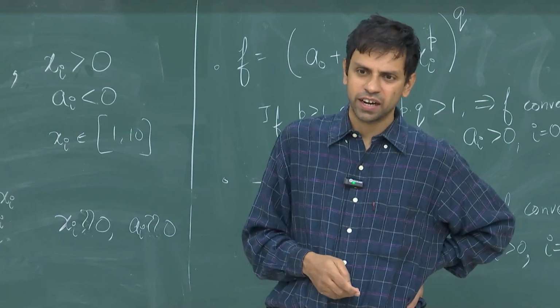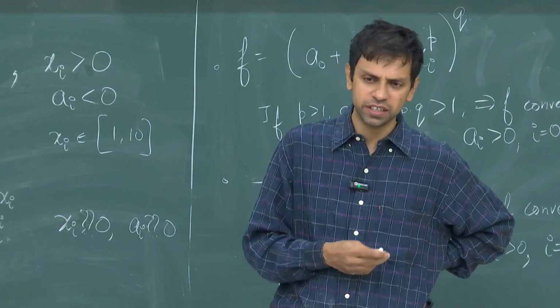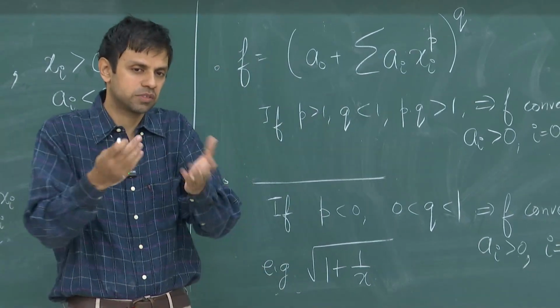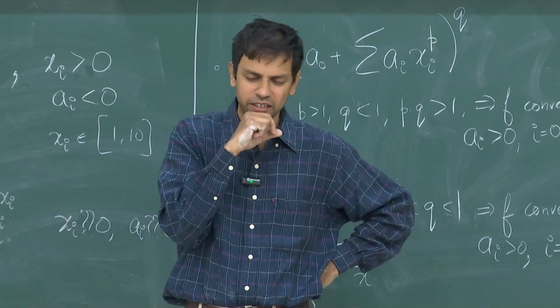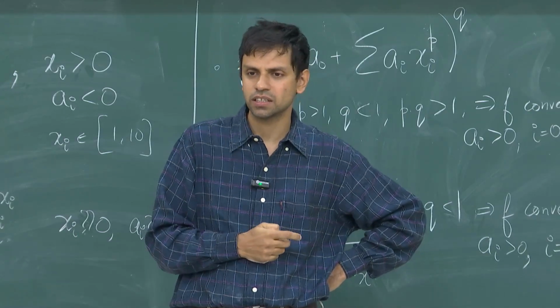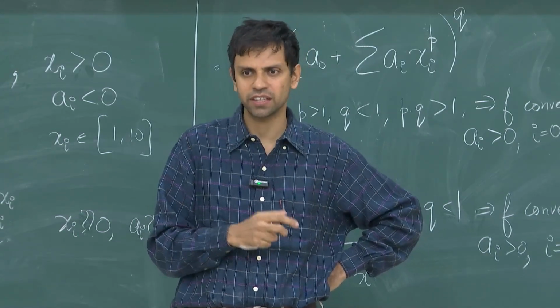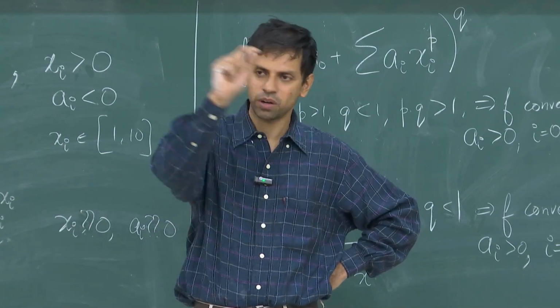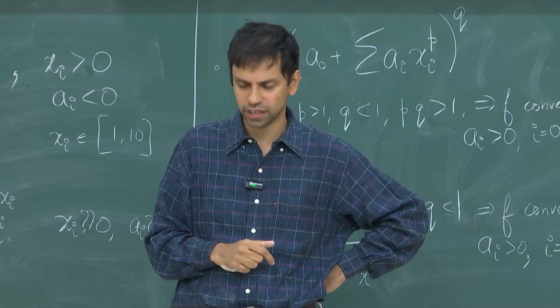One way to do it is to pick a point x, compute the Hessian of f, and check whether it is not positive semi-definite. Then it is a proof that it is not convex. You have to try this at many different x's.